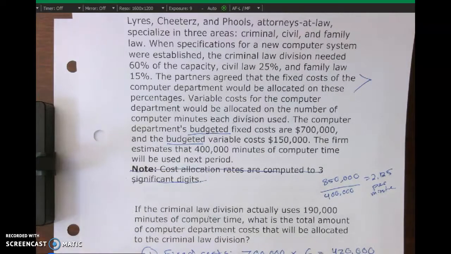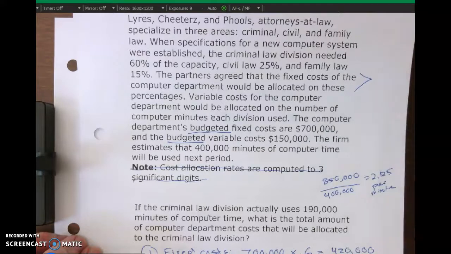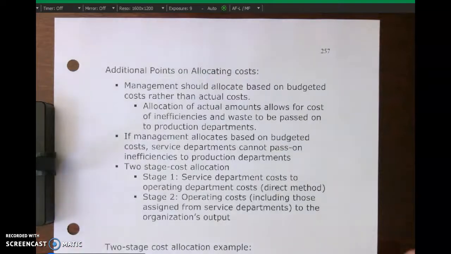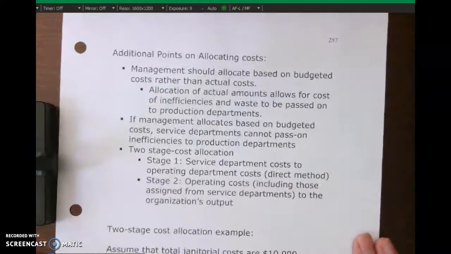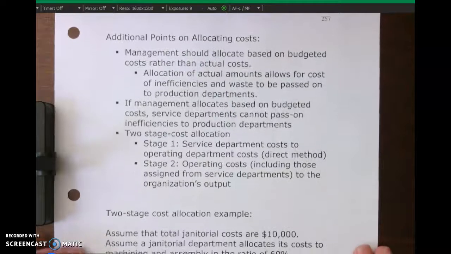Because we don't want you to go over budget, okay? But if we let them allocate their costs based upon their actual, not the 850, but maybe the 900, we would allow them to pass those inefficiencies on to other divisions. And that's what we're saying we don't want to do, okay? So that's what we're saying right over here. We won't let you pass those on to other departments.